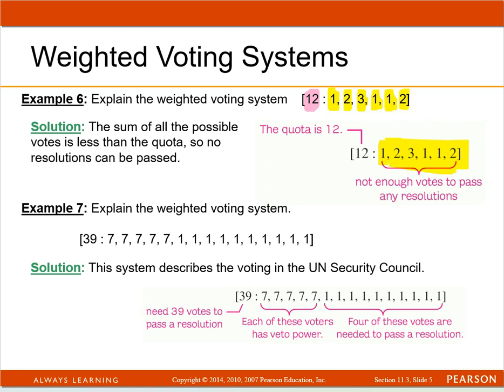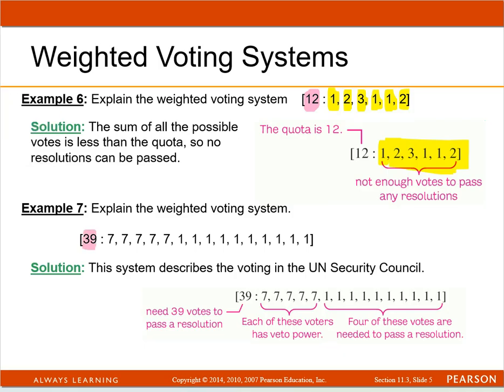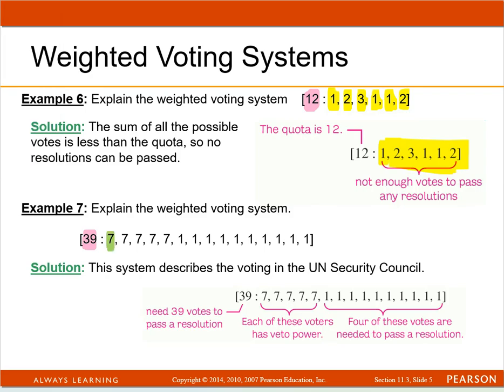And then this one, number 7, this is actually our United Nations. They need 39 votes to make something happen. And then I'm going to use different colors on this one. You've got 5 superpowers right here, and they each get 7 votes.